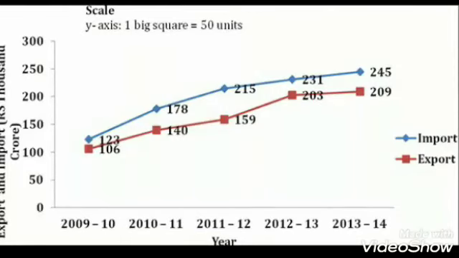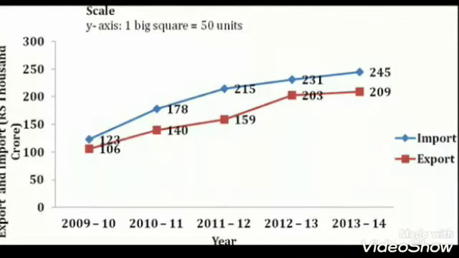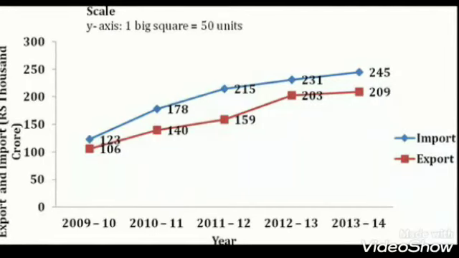So in 2009 and 10 we have made a point on 106, because in 2009 and 10 the export is 106,000 crore, in red, and import is 123,000 crore. Similarly for 2010 and 11, again the points for export and import have been made.